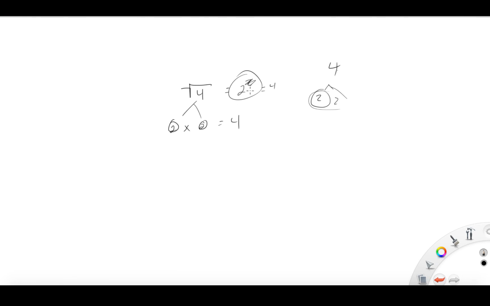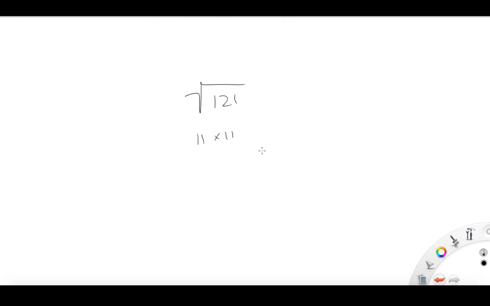2 squared gives us 4, but the square root of 4, the very root of it, is 2. So in your textbook, they're going to give you all kinds of roots. Square root of 121. What times what equals 121? Well, I know you're probably not familiar with it, but 11 times 11 equals 121.